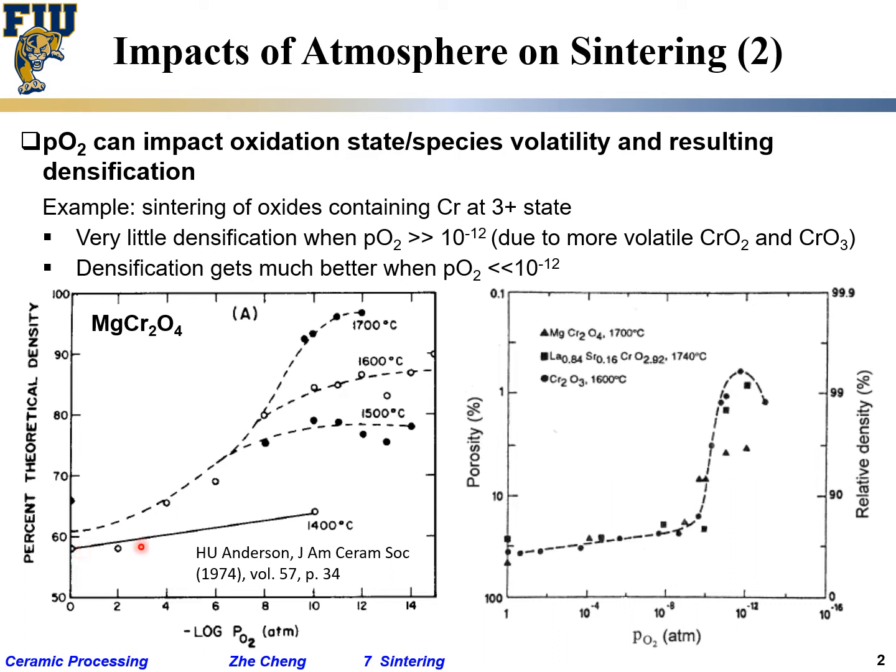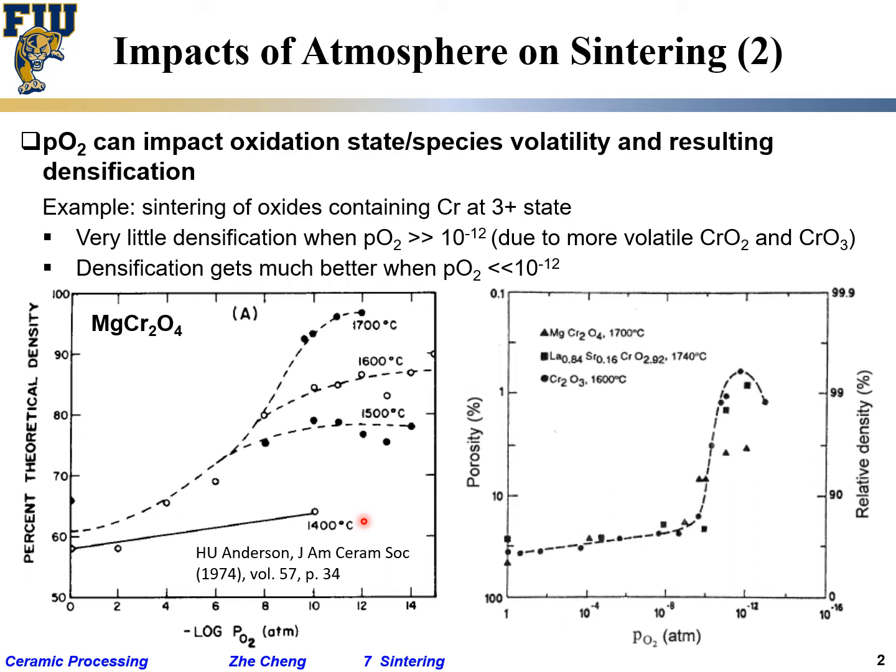Make sense? On the other hand, this side means highly reducing, not oxidizing. Well, how oxidizing can you be, right? This is PO2 of 10 to the power of negative 12. 10 to the power of negative 14. Make sense? This side is not 10 to the power of 12 atmospheres of oxygen.